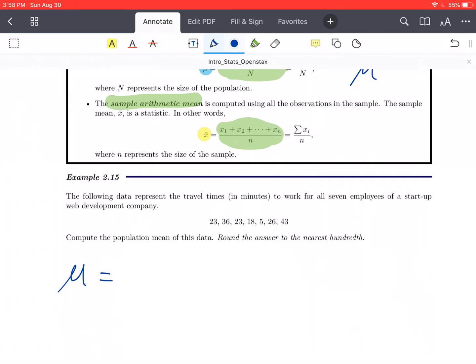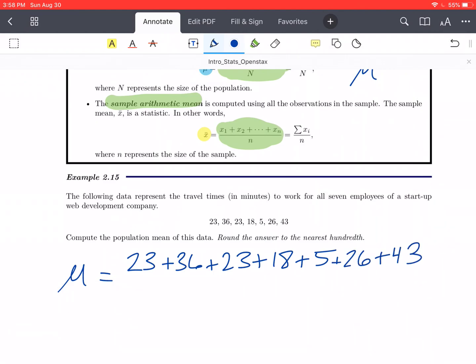How we compute that is we take each value, add them up, divide by however many there are. So we have 23 plus 36 plus 23 plus 18 plus 5 plus 26 plus 43, divided by 7 data points.